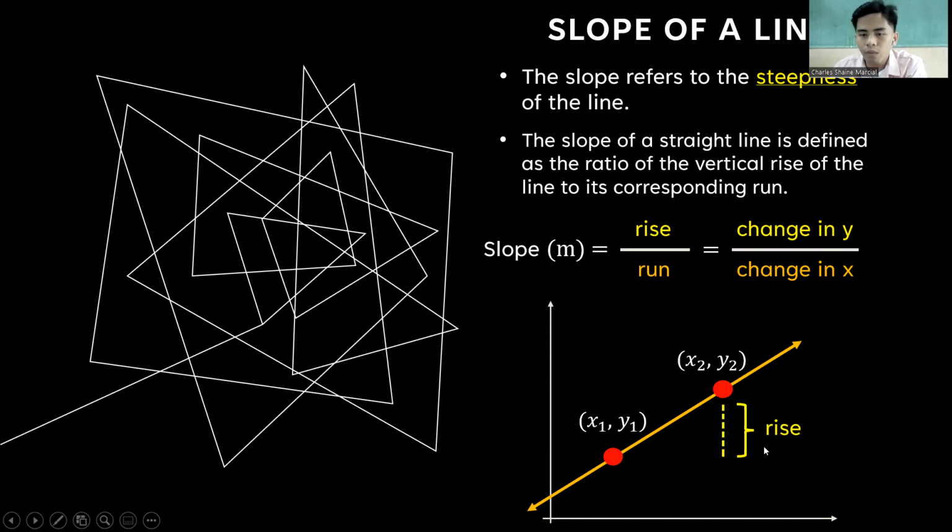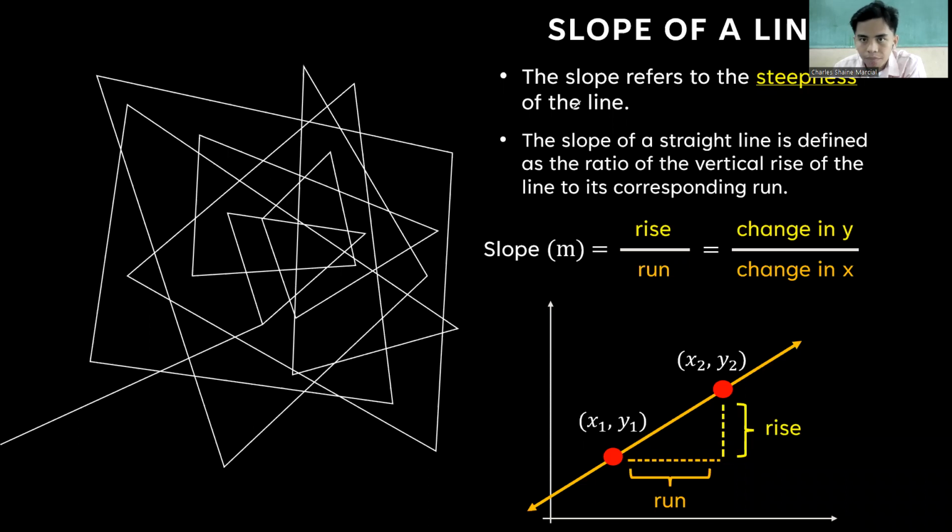Now, yung run naman, which is change in x, ibig sabihin parallel siya dito sa x-axis natin. Now, if you will ask kung pwede bang dito siya yung rise natin, pwede naman. And yung run natin dito, pwede rin naman. Okay po? So, let's draw para ma-visible din naman.